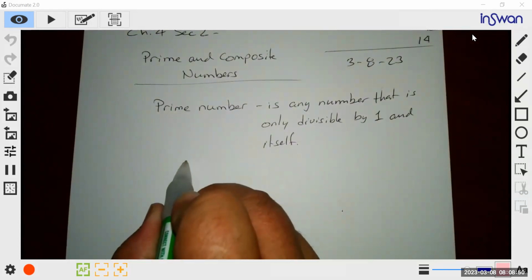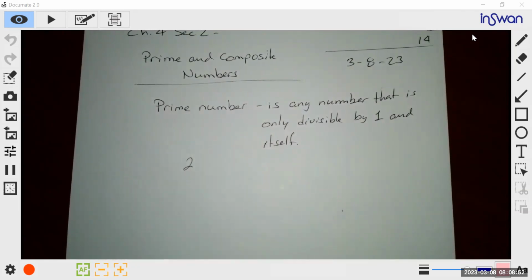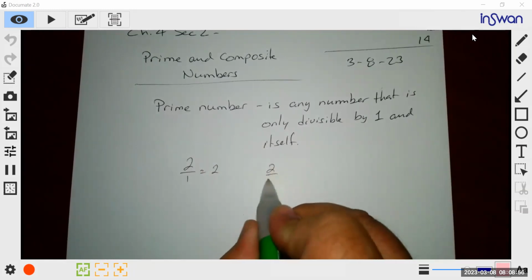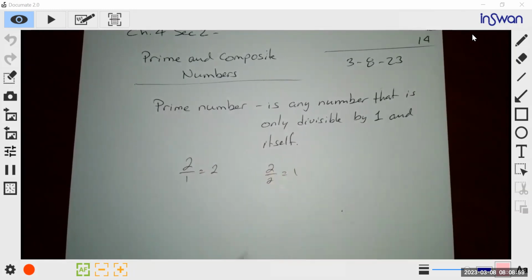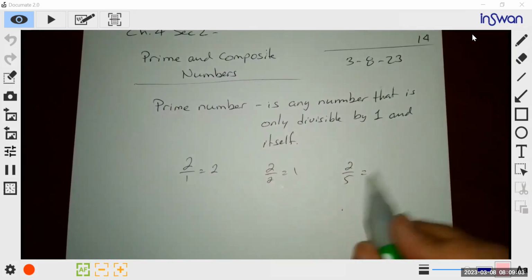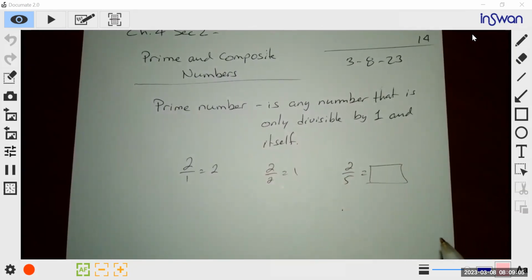For example, the number 2. If I divide it by 1, I get 2. If I divide it by 2, I get 1. I can't put any other number in there. 2 divided by 5 doesn't equal an integer.